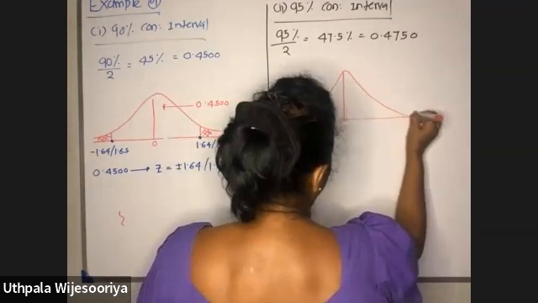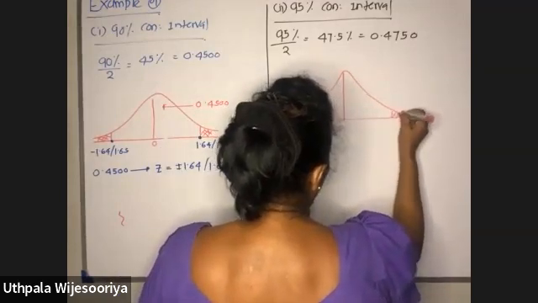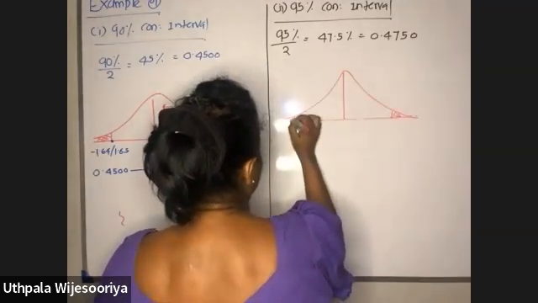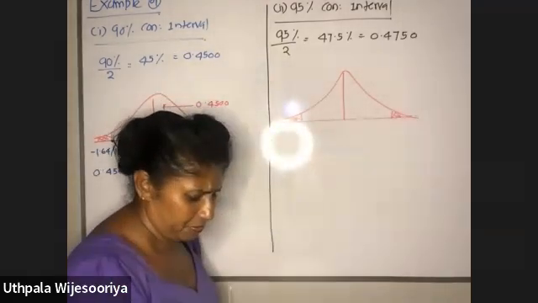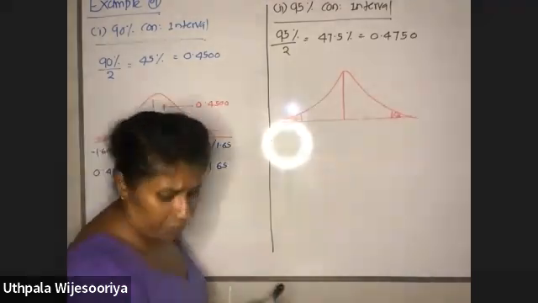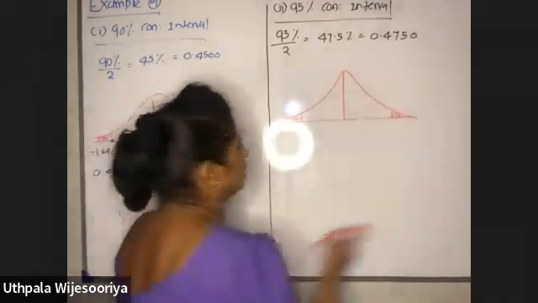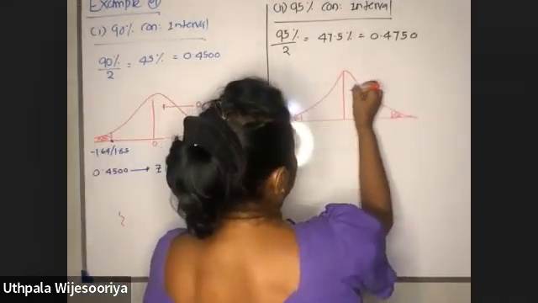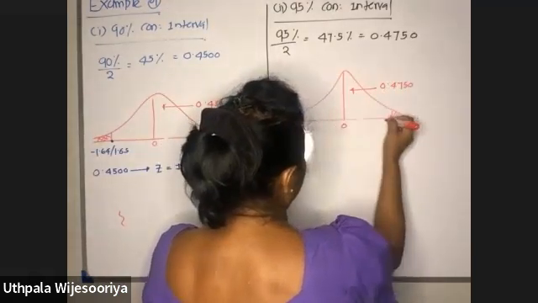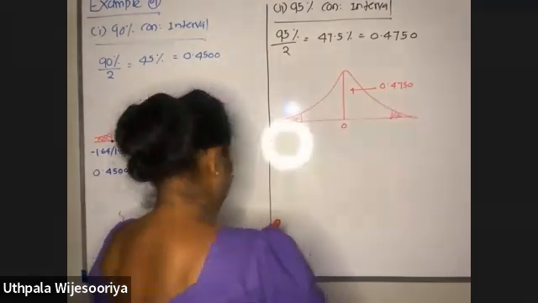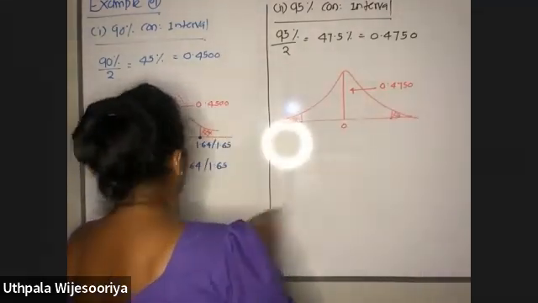So now here 5% is out, each edge has 2.5%. So deduct 2.5, so the blank area is 47.5. Area is 0.4750. What is the value? There is one exact value: 1.96.